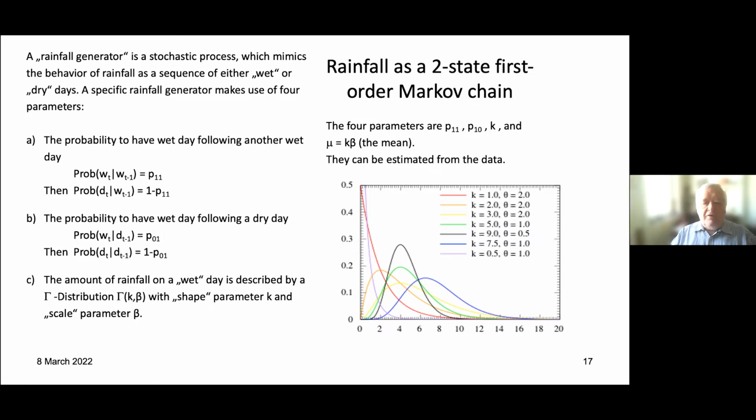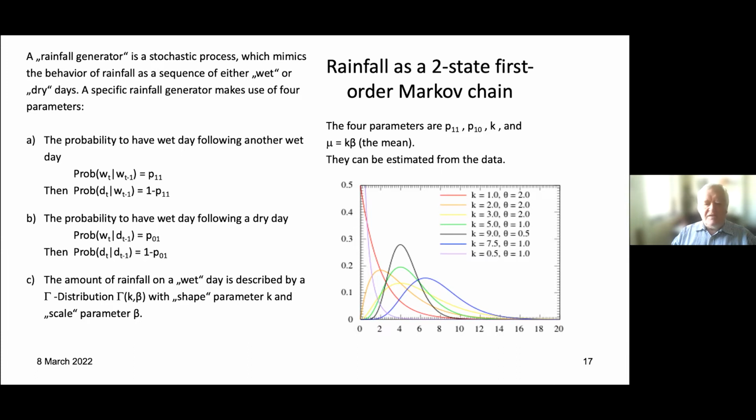Then if we have a wet day, we assume that the amount is described by a gamma distribution with 2 parameters, k and beta, a shape parameter k and a scale parameter beta. K times beta is the mean across all days which are wet, and I've shown here a few curves of the different distributions. Otherwise, I have no good understanding and feeling for the gamma distribution.